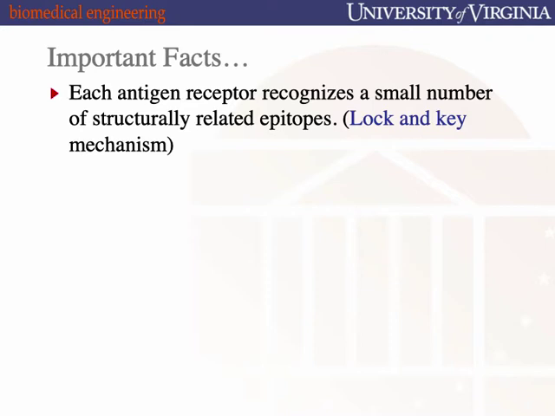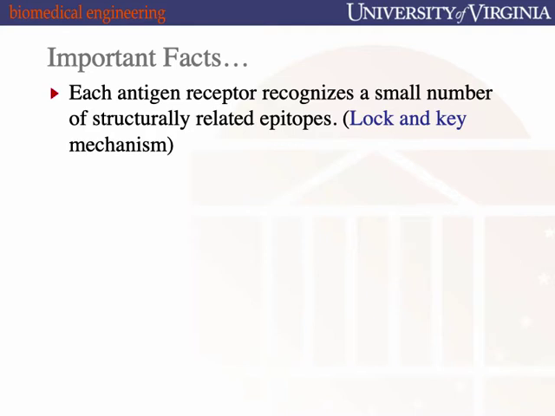So important facts. One is, each antigen receptor, regardless of whether it's a B cell or a T cell, is going to recognize a very small number of structurally related epitopes. This is this concept of one antibody, right? One B cell receptor will bind one epitope. One T cell receptor will bind one epitope.